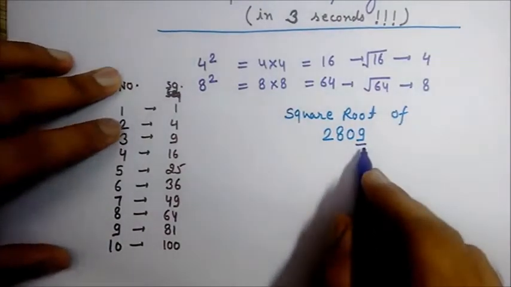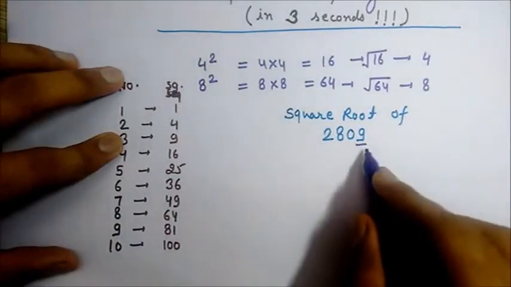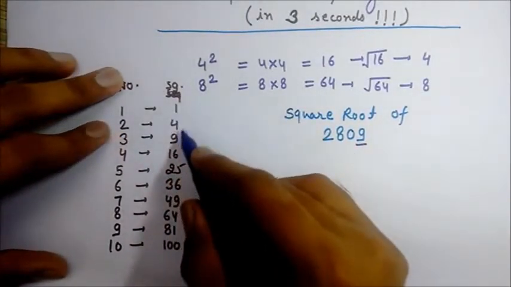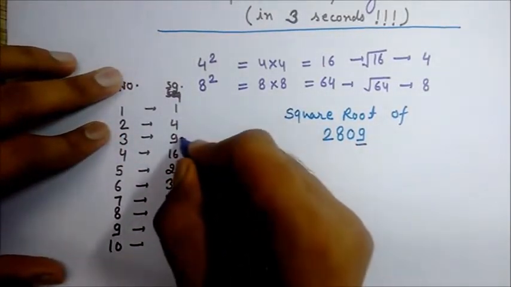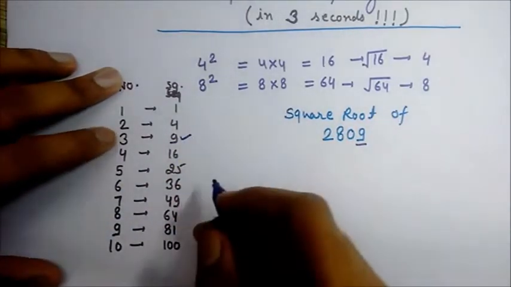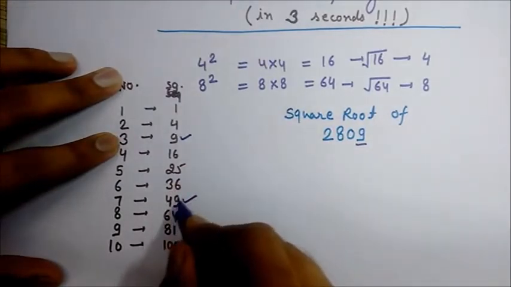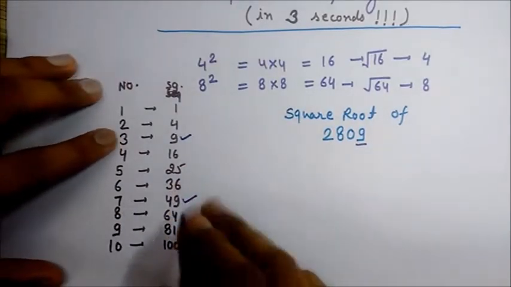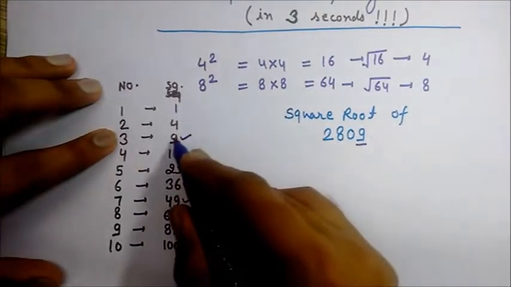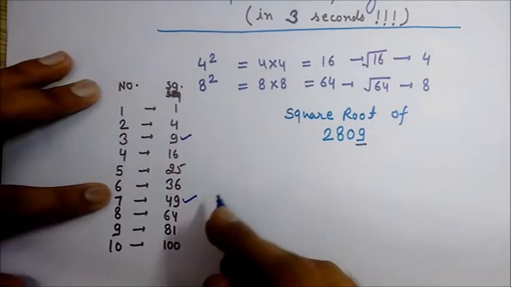So you search for this digit 9 in this table at the units place. You can see it is 9 in the square of 3, and 9 is again here in the square of 7. So we get 9 at the units place in these two numbers, 3 and 7.